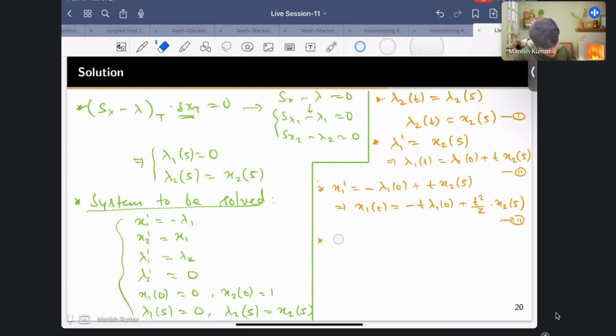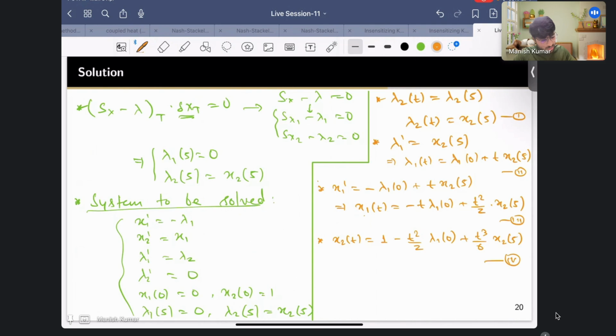So let's directly write x2. x2 of t is nothing but x2 at 0, which is 1, plus the integration of x1, which is minus t squared by 2 lambda 1 at 0 plus t cubed by 6 x2 at 5. So this is the fourth equation.